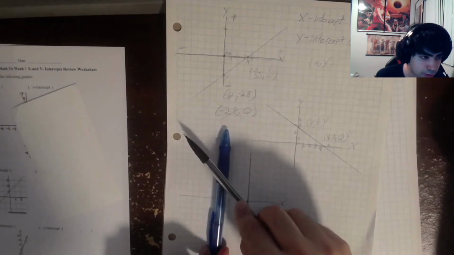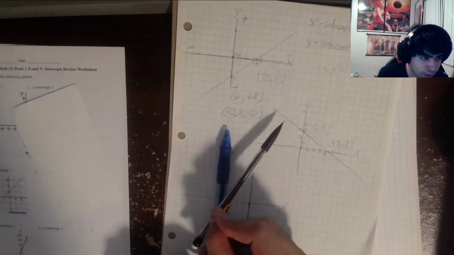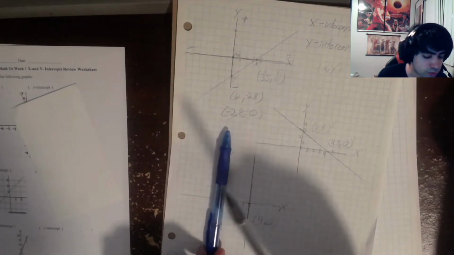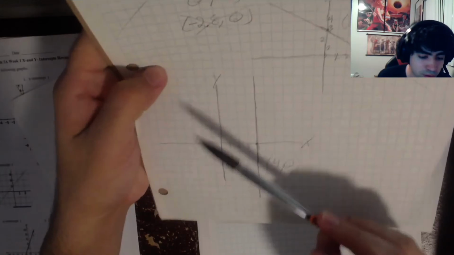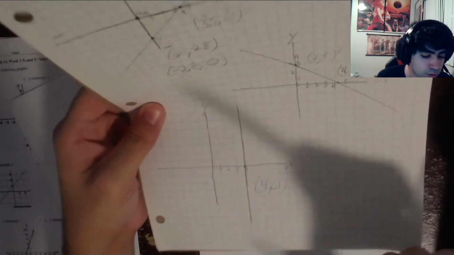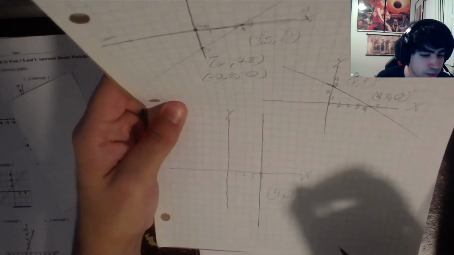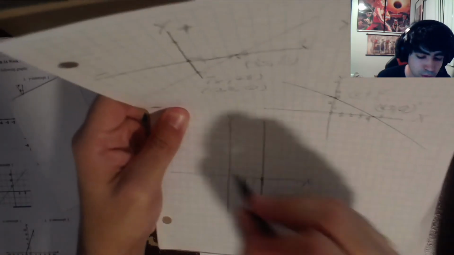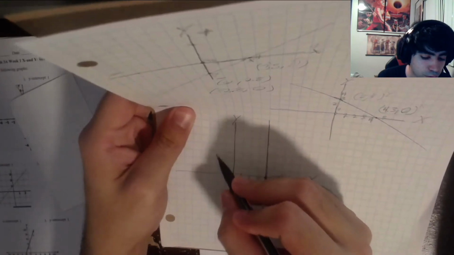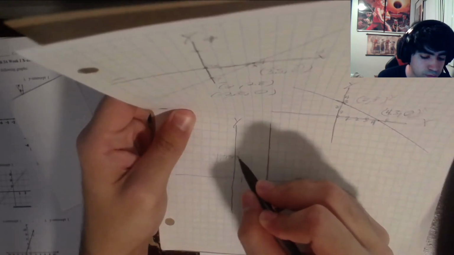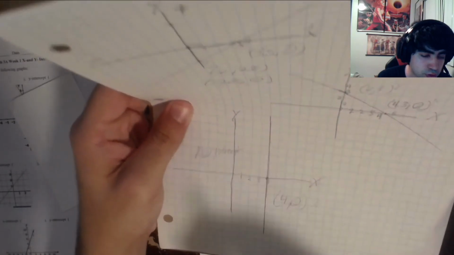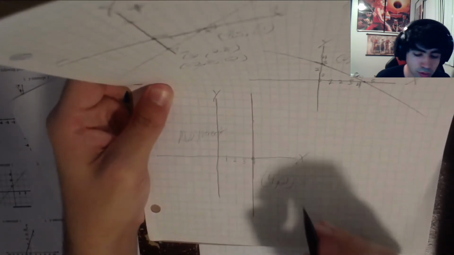It has to be tilted in some way in order for it to cross the y-axis. Since it's perfectly straight up, it doesn't intercept the y-axis at all. So this graph only has an x-intercept, and there is no y-intercept. Only an x-intercept.